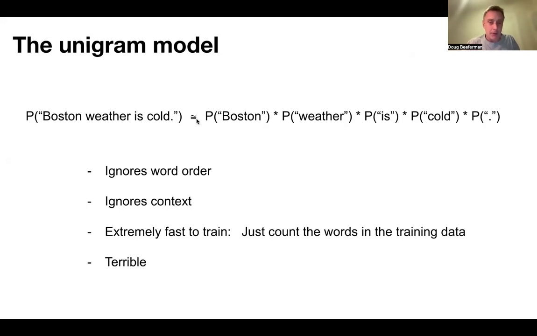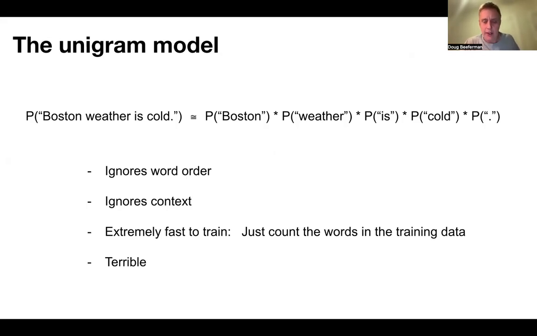There are many problems with this kind of model. It's very simplistic. For one thing, it ignores word order. You can see I could swap these probabilities and it wouldn't make any difference. It ignores context. But on the upside, they're really fast to train, because all I have to do to estimate the probability of someone saying the word Boston is to count the number of times that Boston appears in my training corpus and divide by the total number of words.